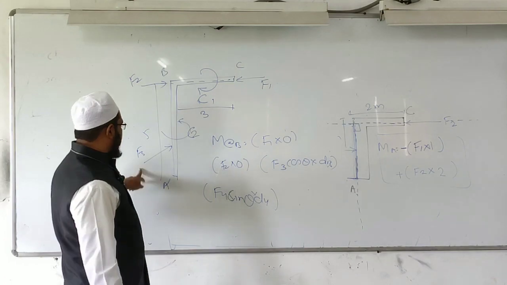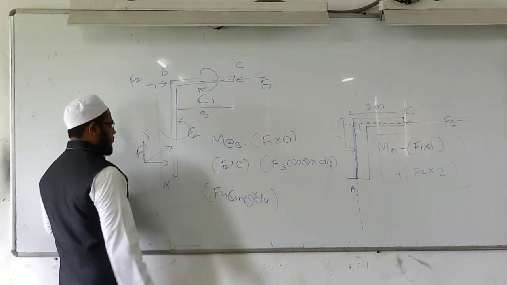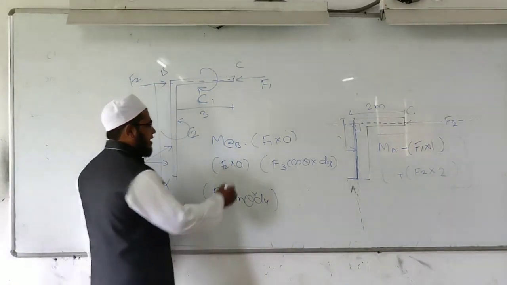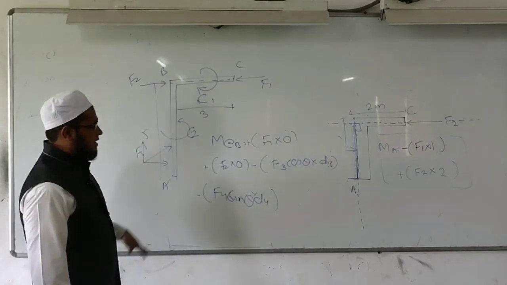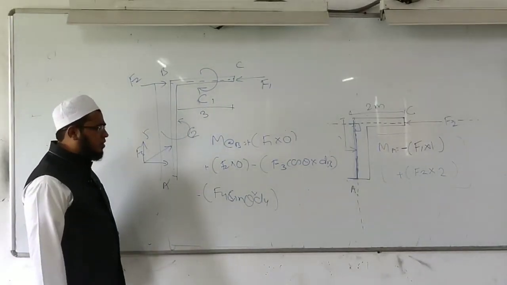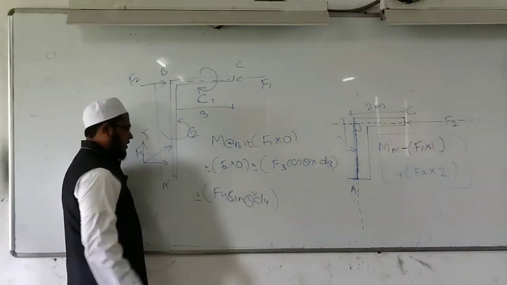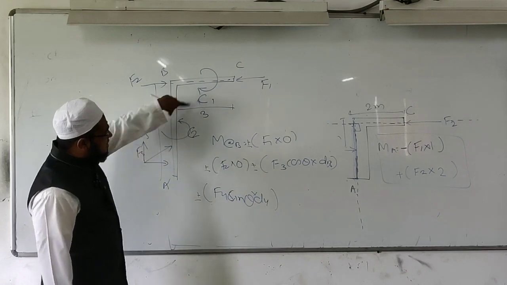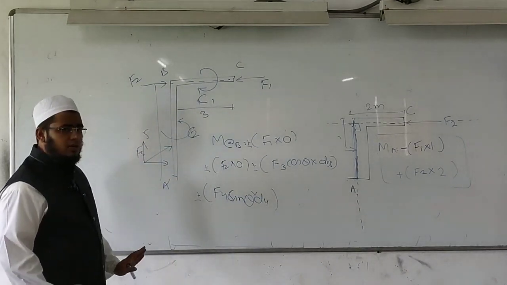For F3 it has two components, horizontal and vertical, F3 cos theta and F3 sin theta, which I will consider. Depending upon clockwise and anti-clockwise, I will consider the sign convention. I assume positivity or negativity; we will see later on. Now I have to consider these two couples. What is a couple?